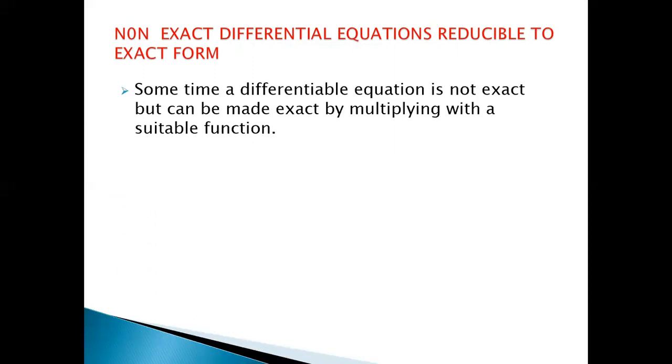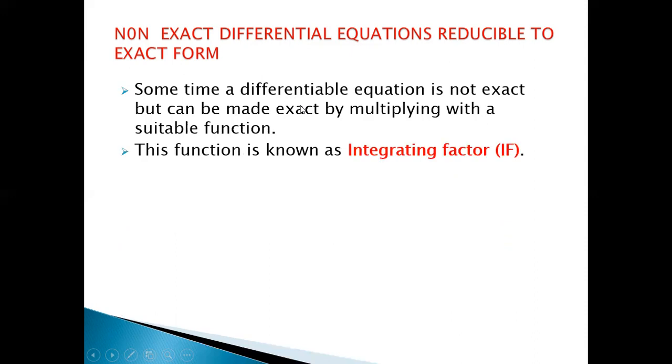Sometimes a differential equation is not exact but can be made exact by multiplying with a suitable function. If we multiply the given differential equation with a suitable function, then we convert our non-exact differential equation into an exact differential equation. This function is known as the integrating factor.